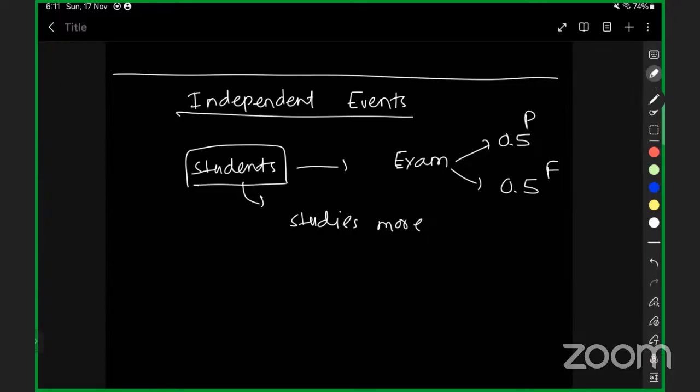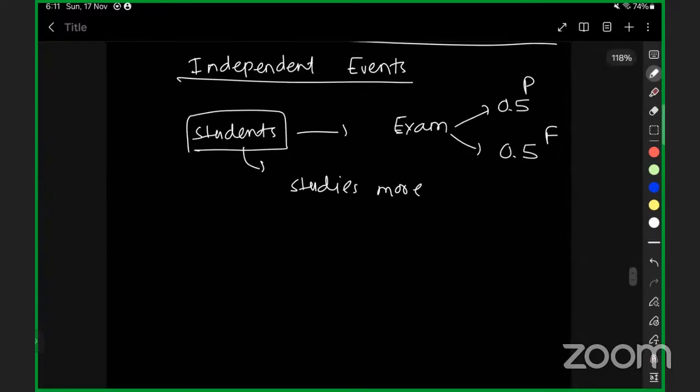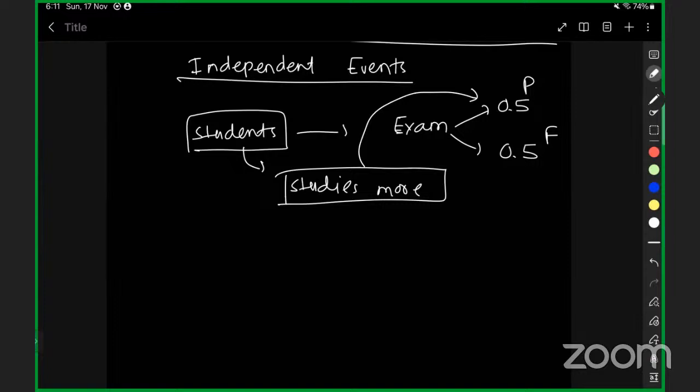Does studying more impact passing the exam or not? We'll not solve it, I'm just giving you intuition. We'll see it mathematically later on. But if he studies more, he's more likely to pass, right? So it will impact the event.